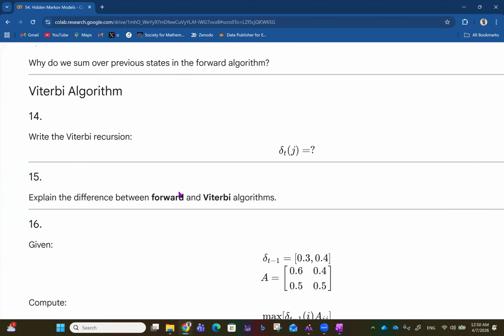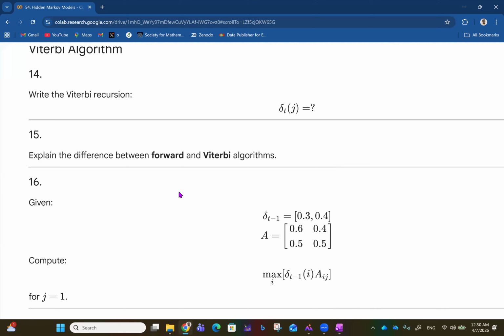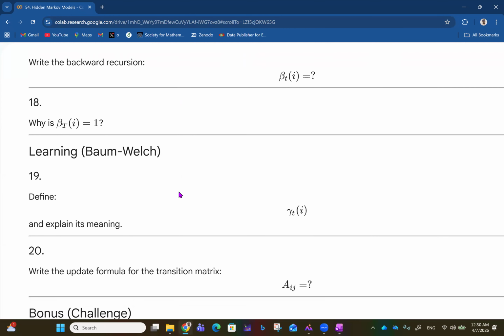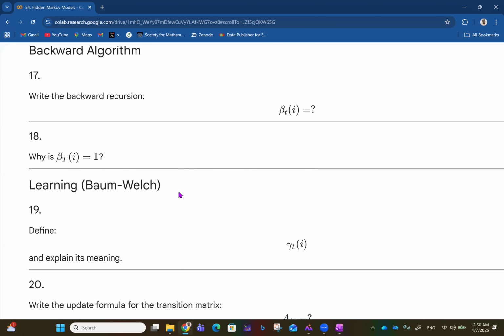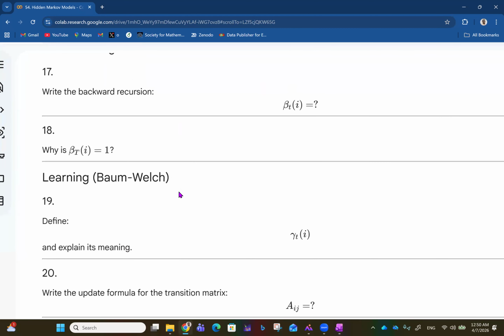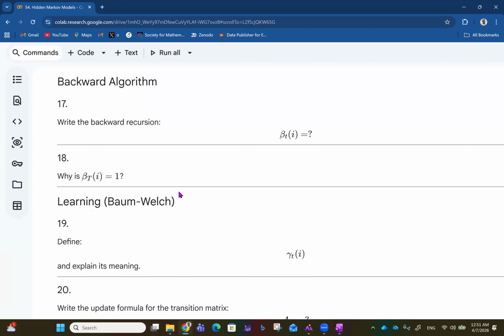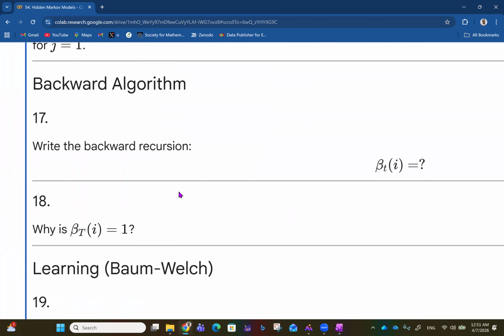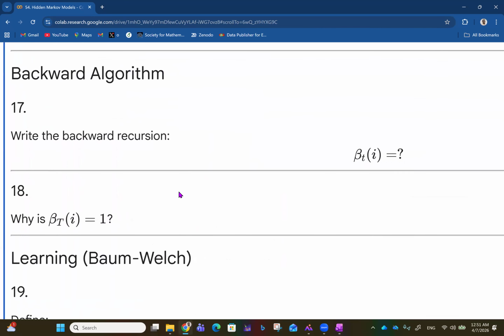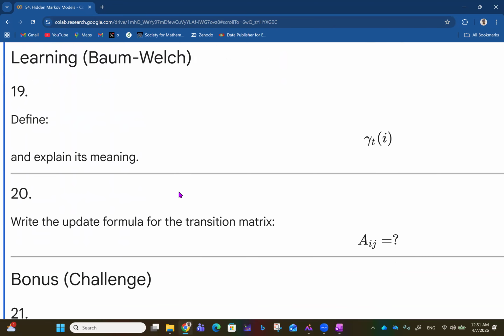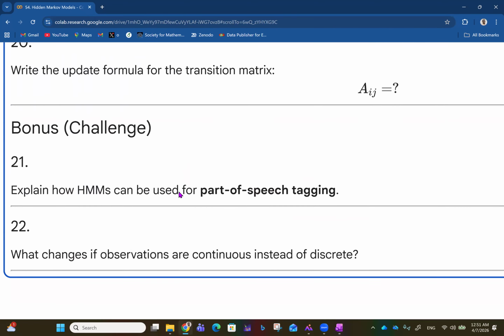You have the Viterbi algorithm, 14, 15, 16. Then for backward algorithm, you have just 17 and 18 actually. Then for learning, for Baum-Welch, you have 19 and 20. And then there's a bonus challenge.